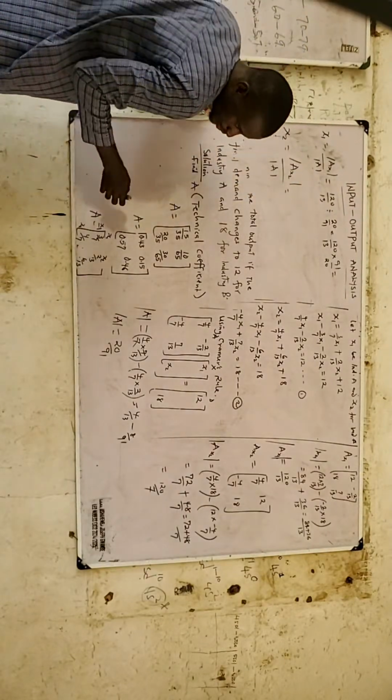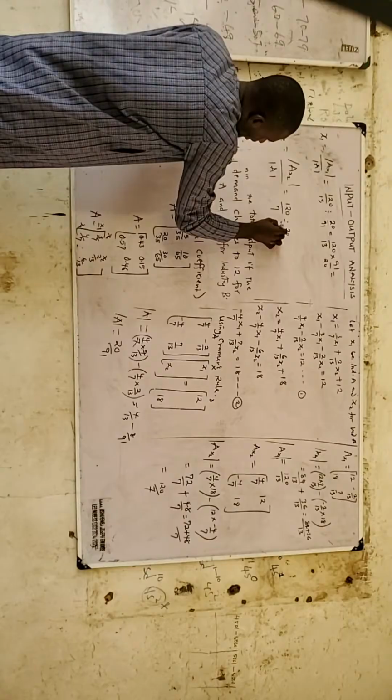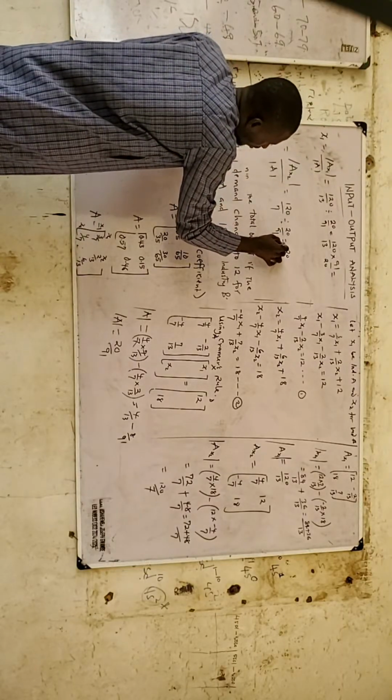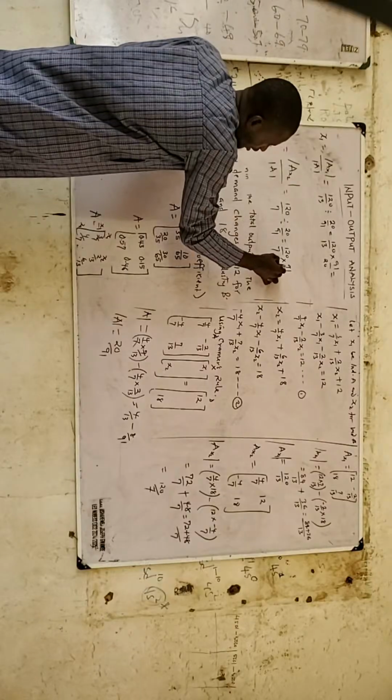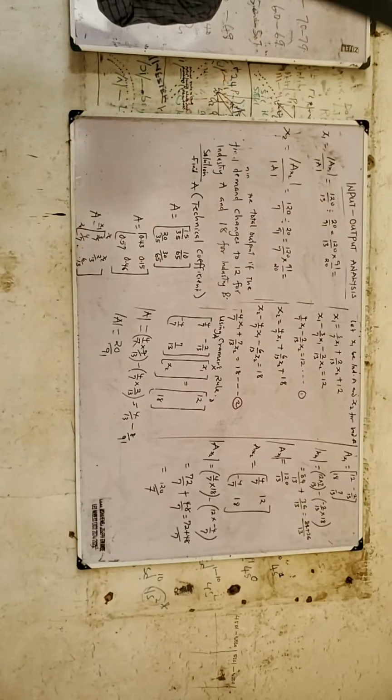The determinant of AX2 is 120 over 7 divided by 20 over 91, which is 120 over 7 times 91 over 20. 120 divided by 20 will give us 6. 91 divided by 7 is 13.